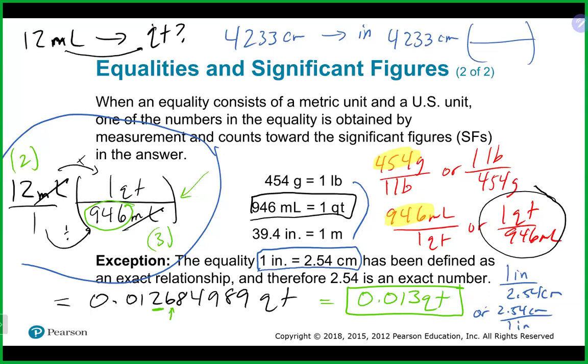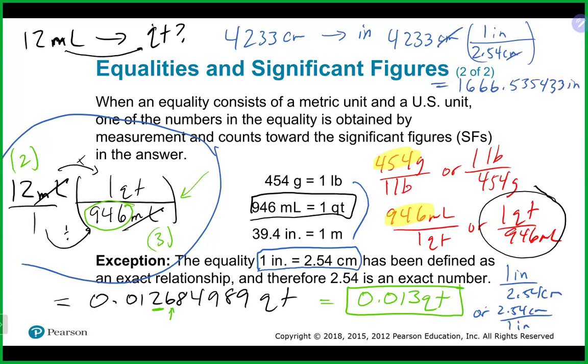In this case, we would want centimeters on the bottom, which would be 2.54 centimeters is 1 inch. So we would take 4233 divided by 2.54, which will give us 1666.535433. This is obviously what's on my calculator.